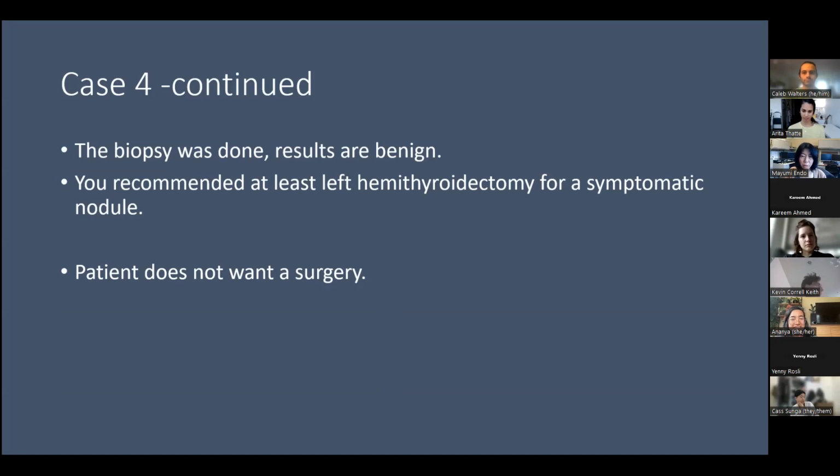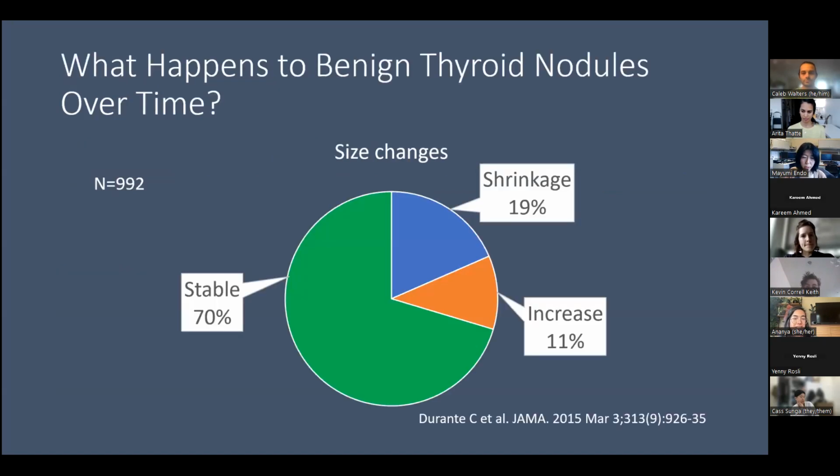Well, before going into it, let's talk about what's going to happen to benign thyroid nodules down the road. Dr. Durante is a huge giant in Italy who studies lots of thyroid nodules. He collected 1,000 thyroid nodules from 800 patients and followed these thyroid nodules every 6 months for 5 years. So it's a big study.